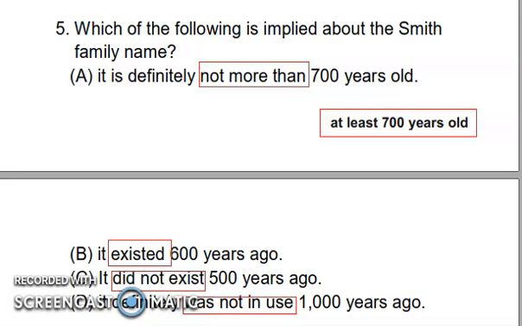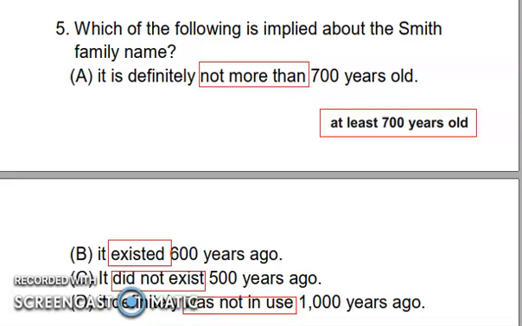Yes, of course I have, because at least at my home I have 20 cars. If you just want to borrow 15 cars, yes, I have. Yeah. So at least 700 years old. Does it exist in 600 years old? Yes, it exists, the answer. So B is probably the correct answer.